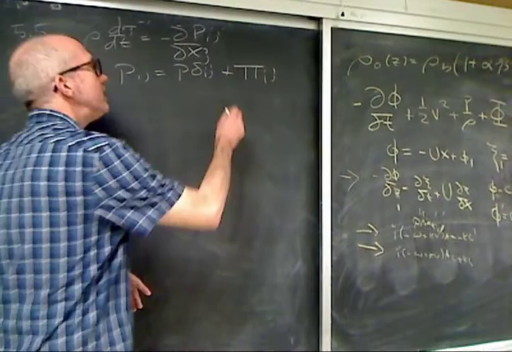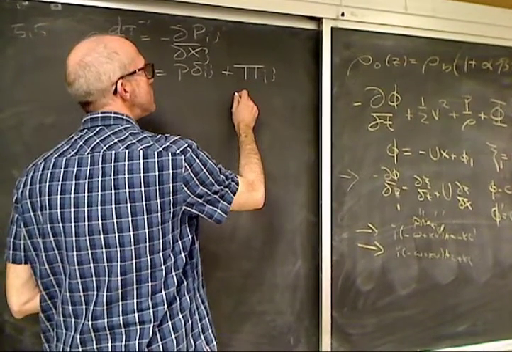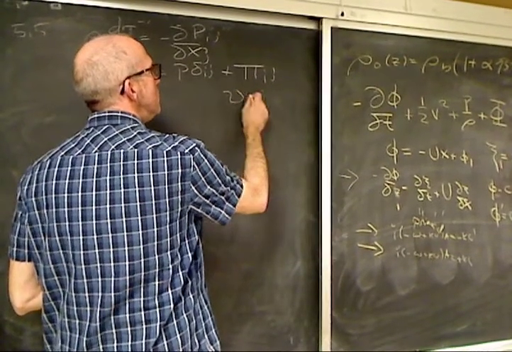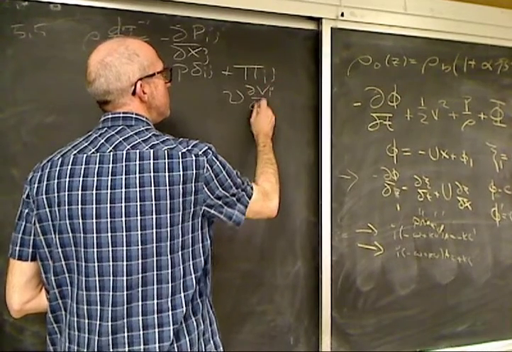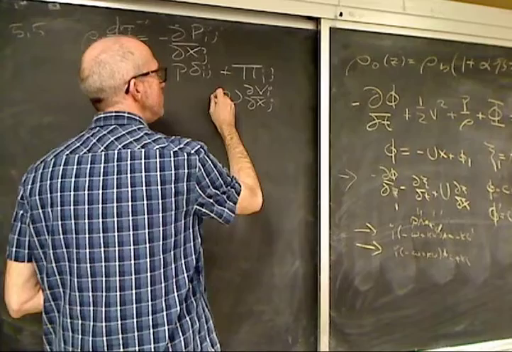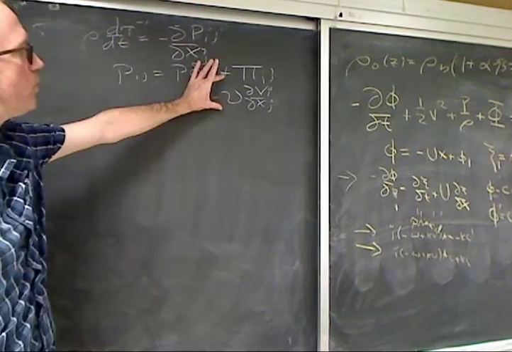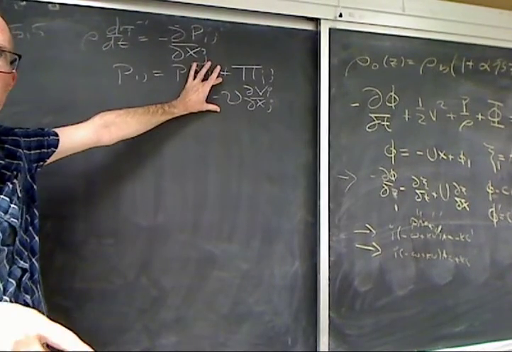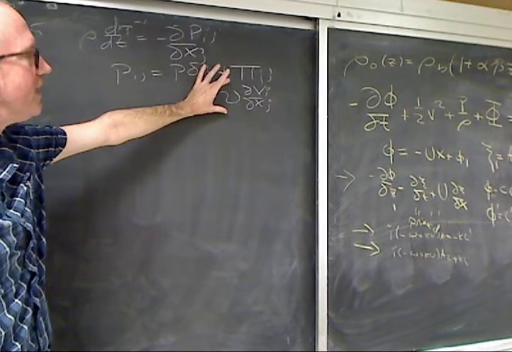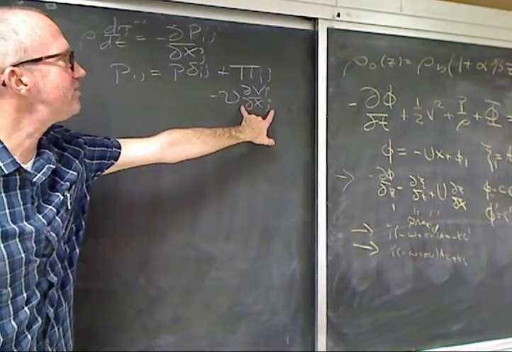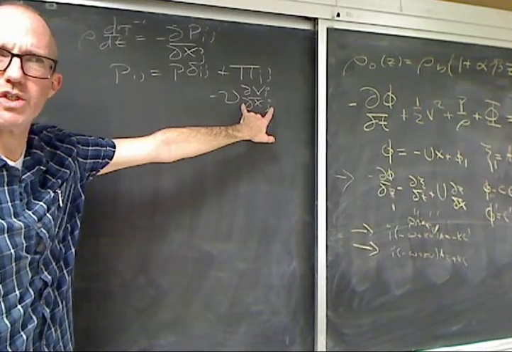Now, in reality, this turns into nu times dv_i dx_j, and we get a minus sign in front of that. So this is the approximation that we make. Now I'm going a little tangentially. This is the approximation that we're going to make, and then this isn't general enough. We need to make this isotropic.